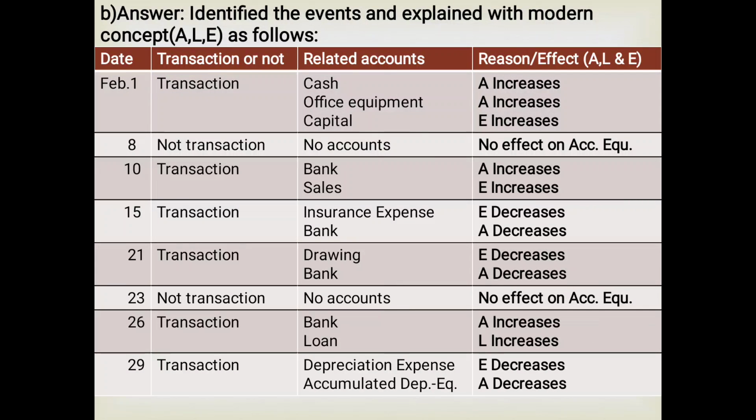4 columns are available: date, transaction or not, related accounts, and reason or effect on asset, liability and equity.